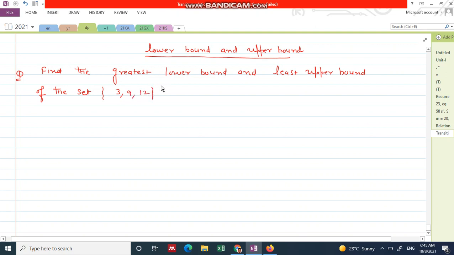Okay, find the lower bound and the least upper bound of this set.